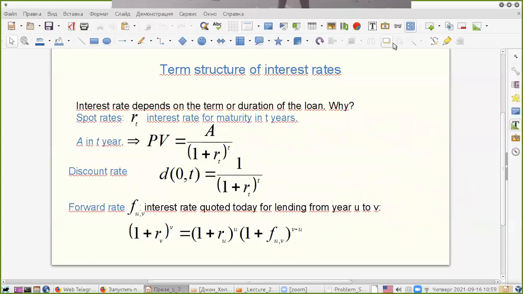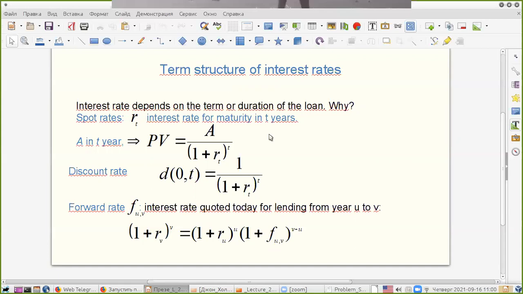And today I would like to consider the term structure of interest rate. You understand that the interest rate depends on the term, the duration of the loan. It's easy, and you need to distinguish the difference between spot rates, discount rate, and forward rate. What are spot rates? Spot rates are interest rates for maturity in T years, and this interest rate is quoted today.